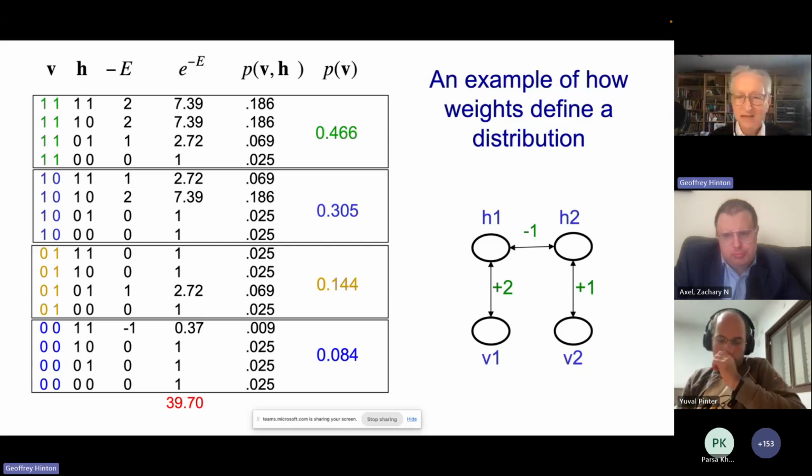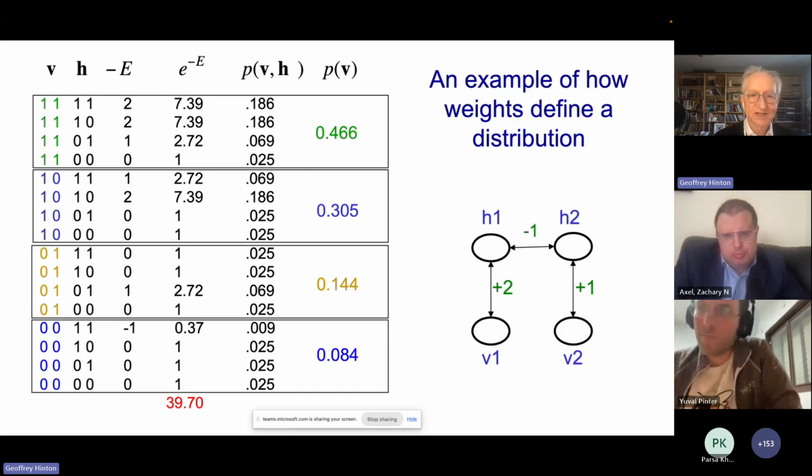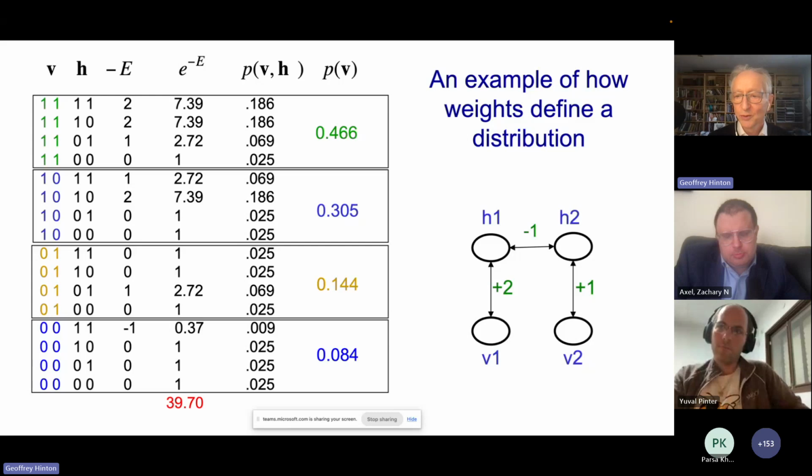But I've given you a detailed example of how you turn the weights in the network into energies of joint configurations. You turn those into e to the minus the energies. You turn those into probabilities by normalizing. You sum over all the states of the hidden units, and now you can get the probabilities of visible units.